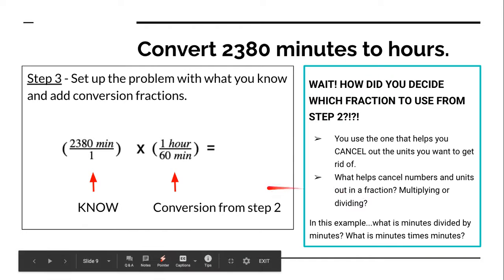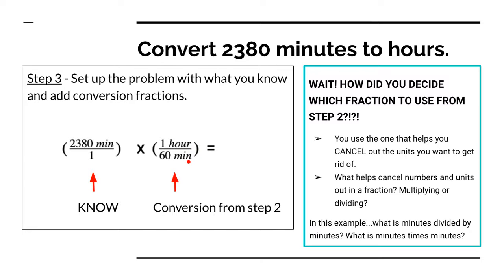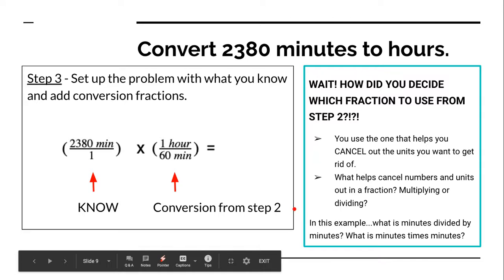And so here, we're wanting to get rid of this minutes here. If we were to divide it by another set of minutes, you end up having those canceled. So I wrote here in this example, what is minutes divided by minutes? What's minutes times minutes? Which one of those would help you get rid of that minutes unit? And for here, it's going to be dividing.